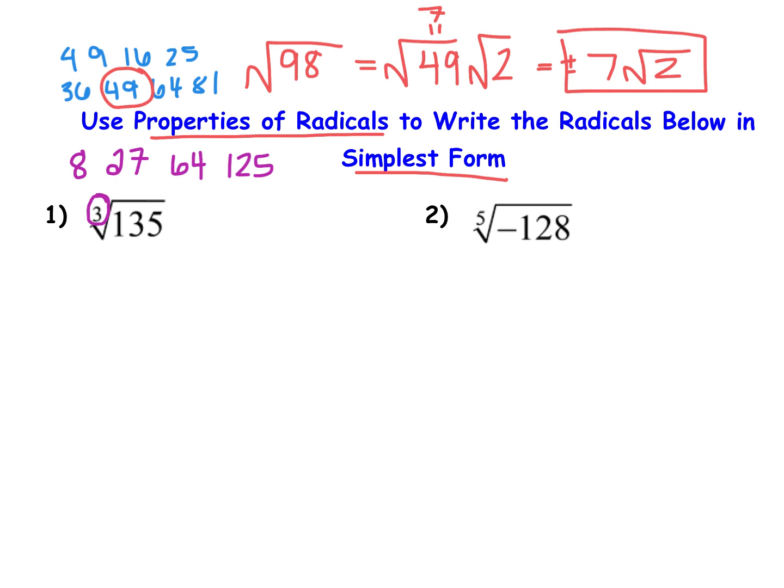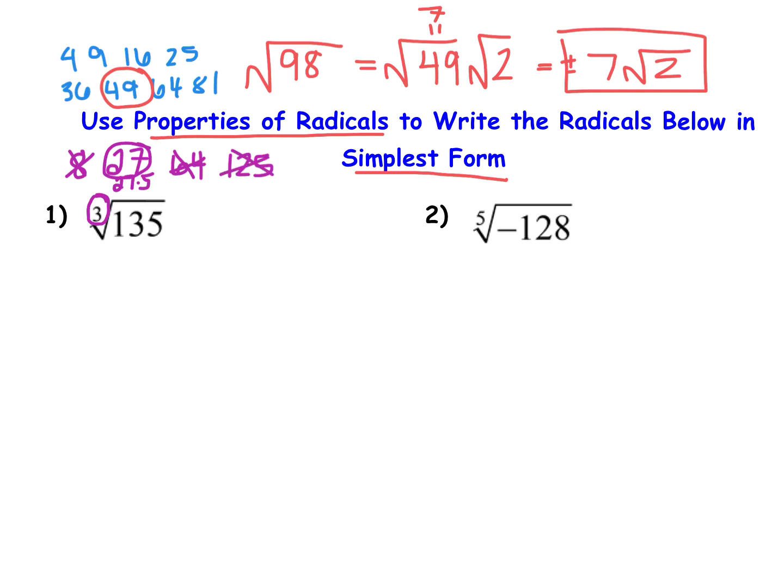Now if I start dividing 135 by these numbers, if I divide it by 8, the result is a decimal, so I'm not going to use that one. If I divide it by 27, it turns into 27 times 5, so that's convenient. That one works. If I divide it by 64, again, I get a decimal, and with 125, I also get a decimal.